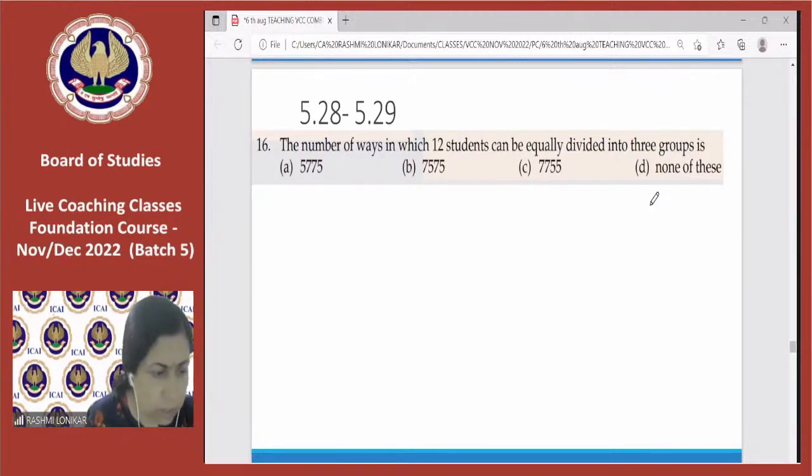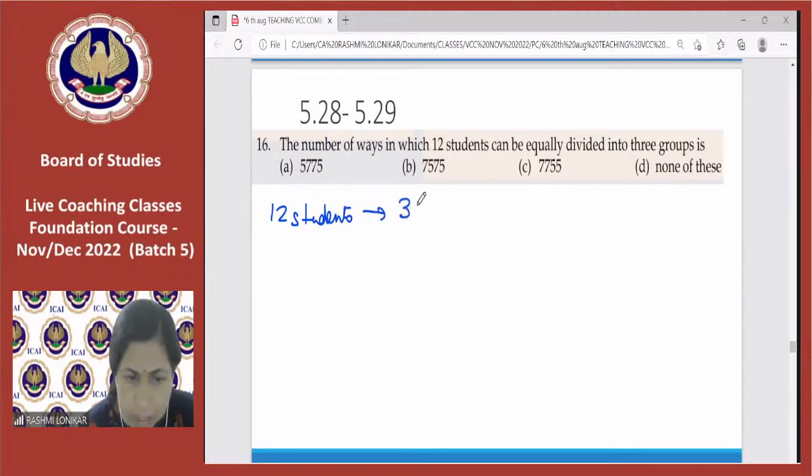Next sum is number of ways in which 12 students can be equally divided into 3 groups. So now what happens is I have 12 students.